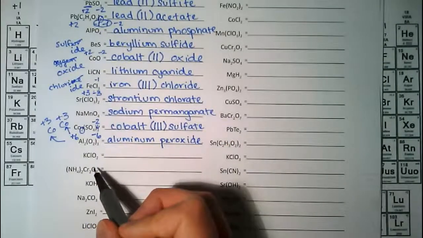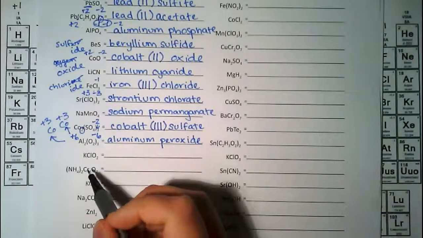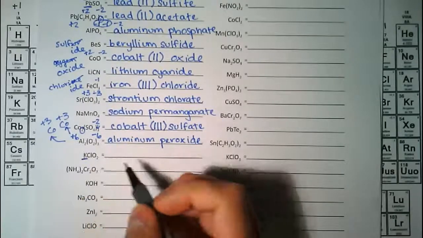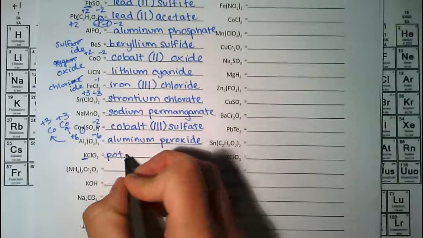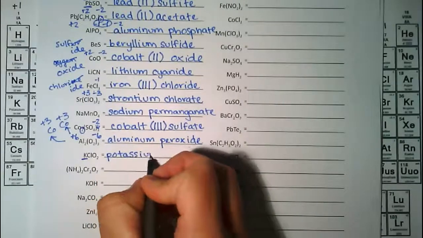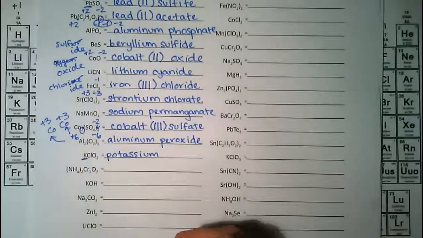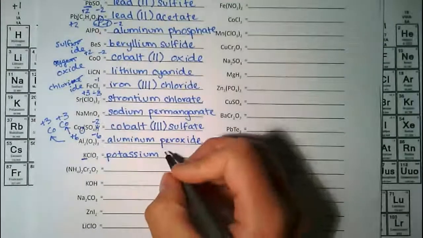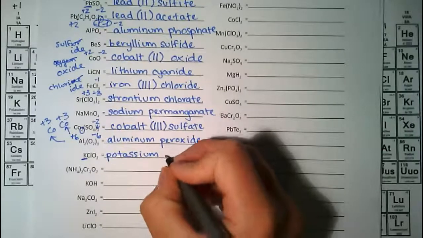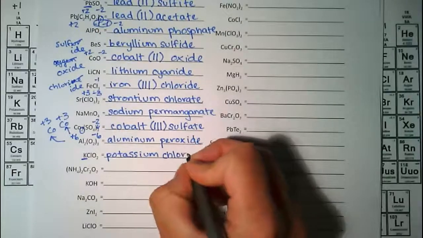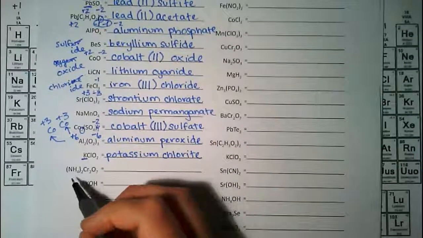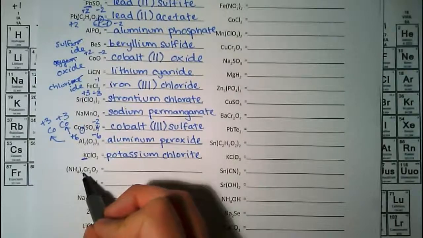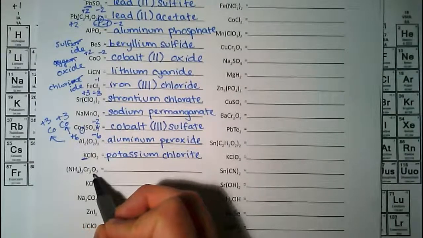Next I have KClO2. So potassium is a main group metal, so I do not need a Roman numeral, so I'm going to write potassium. And then ClO2, I know that is the chlorite ion. So no Roman numeral needed, so I'm just going to put chlorite. Potassium chlorite.